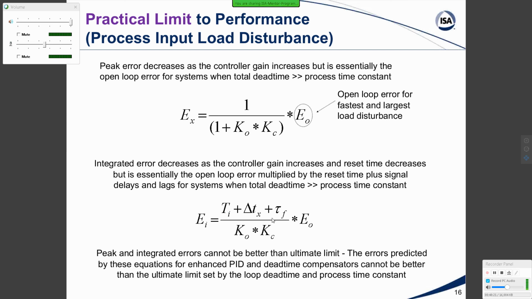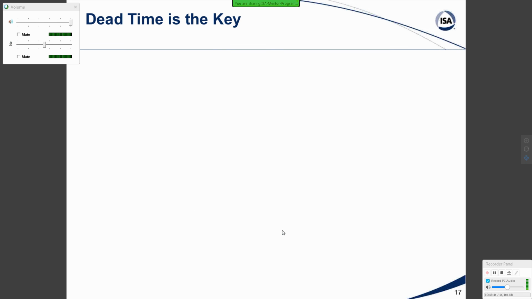This would lead us to believe we've done a tremendous job, and we are doing a good job, but we're limited by the ultimate limit. So these equations do not apply to dead time compensators or an enhanced PID where we have really pushed the PID beyond what it normally is capable of doing through these PID options.